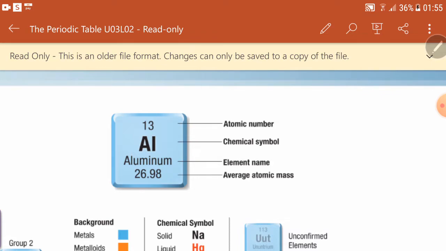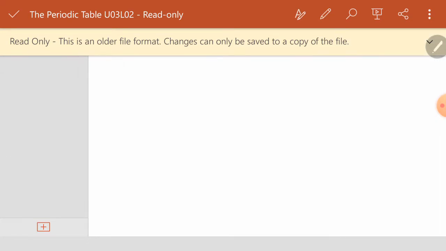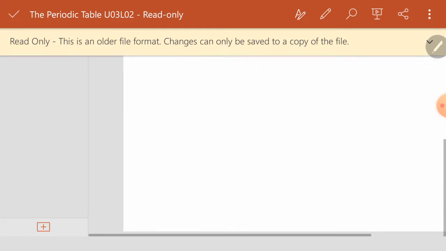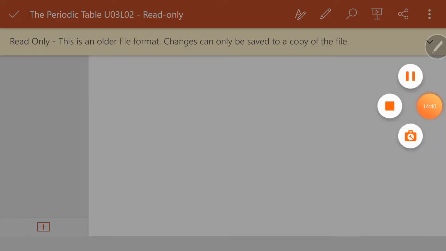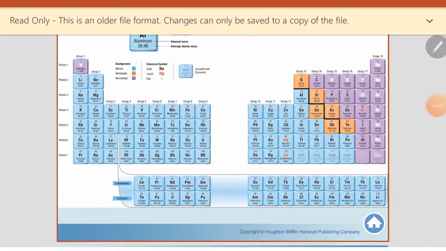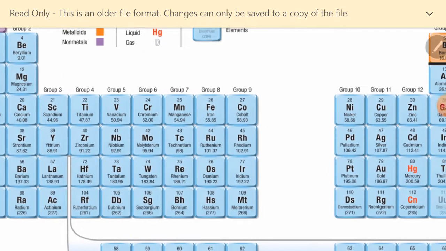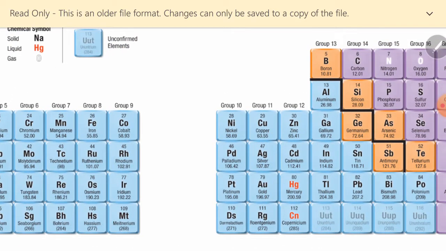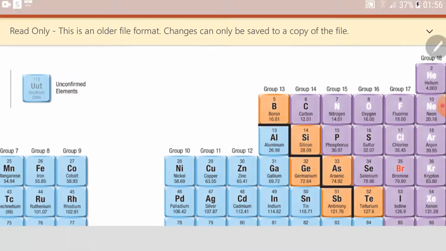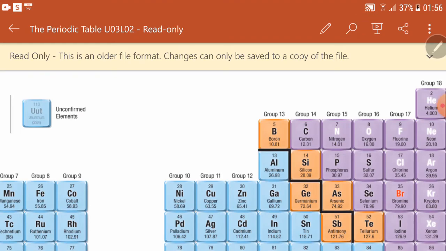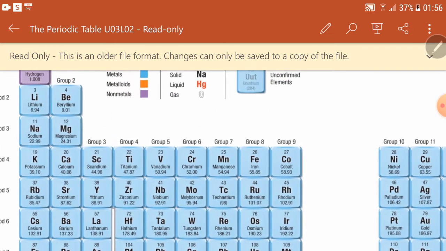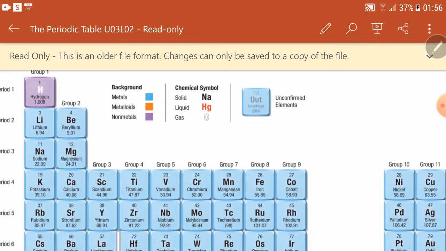You will see that some elements have a symbol of one letter, like K for potassium, C for carbon for example, boron B, oxygen O, nitrogen N. Some other elements have two letters.